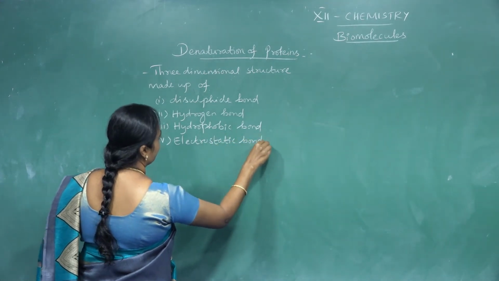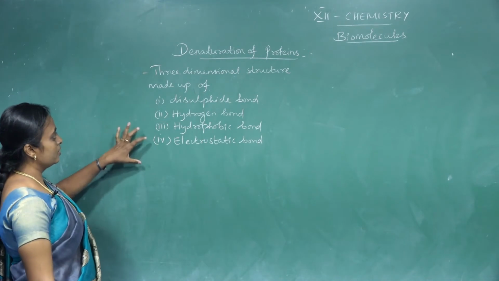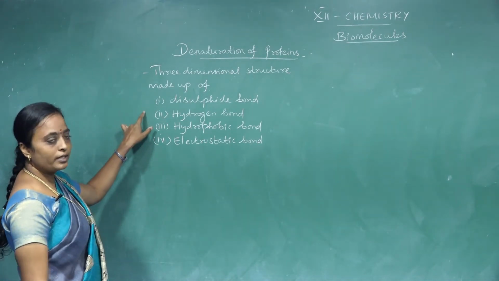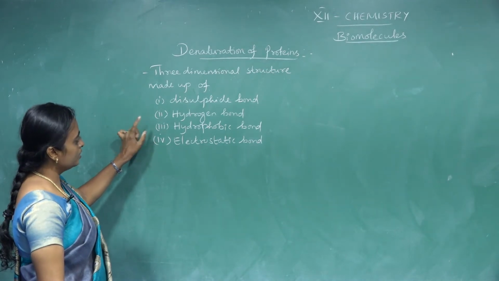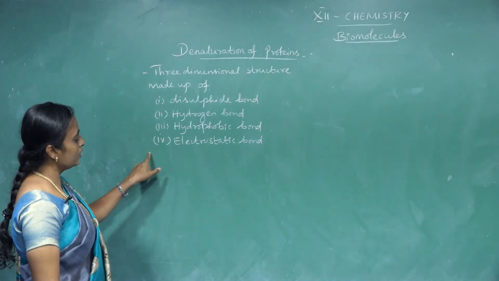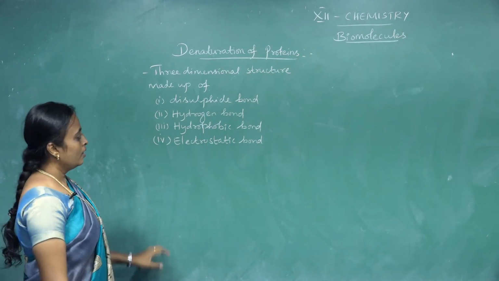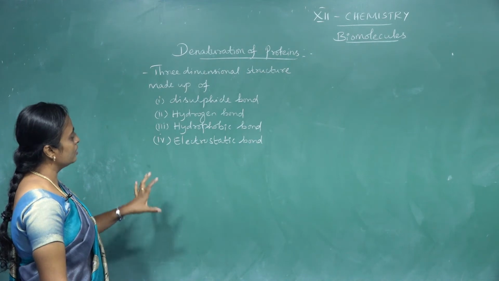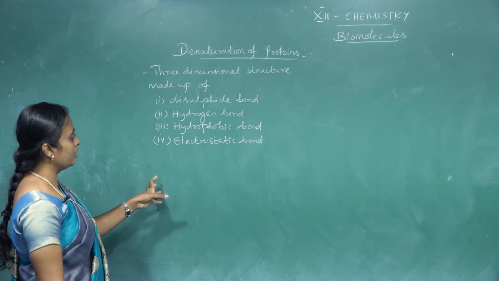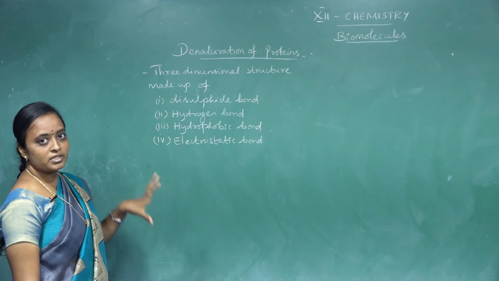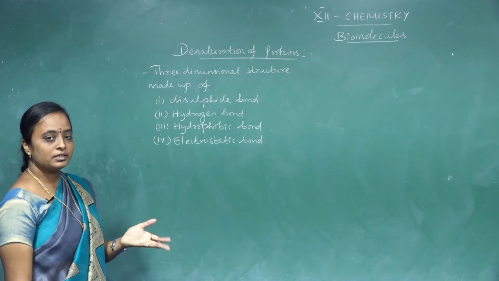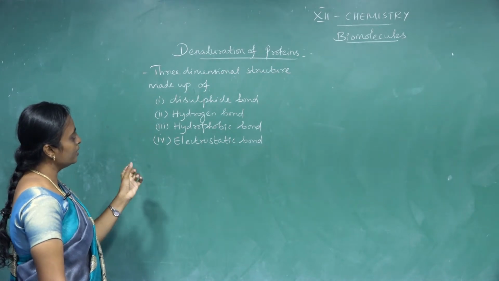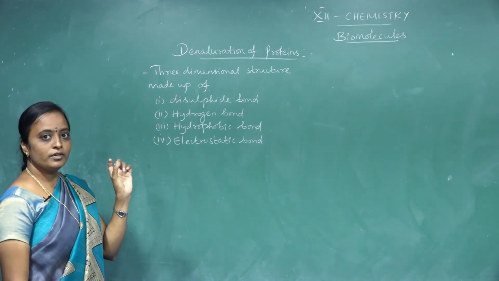So the three-dimensional structure consists of a disulfide bond, hydrogen bond, hydrophobic bond, and electrostatic bond. And denaturation means the disturbance made on these three-dimensional structures only; we can name it denaturation. So how do you bring about the denaturation of proteins?